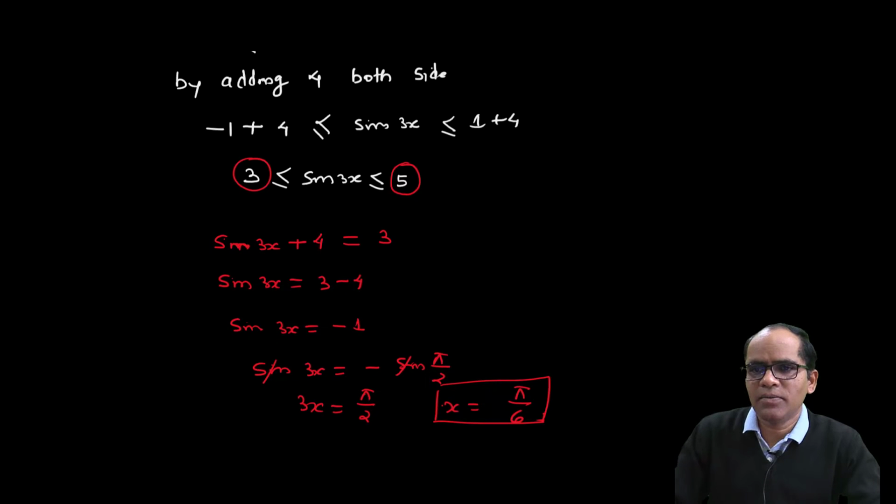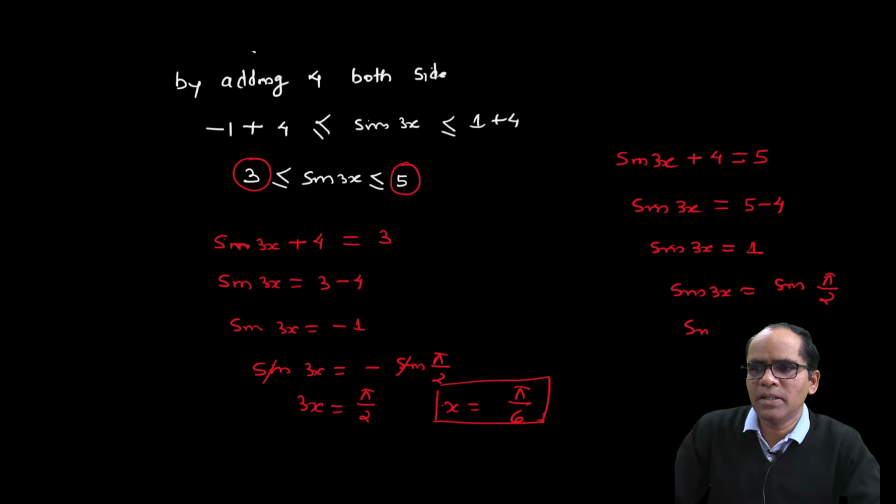And for 5 we will check sine 3x plus 4 is equal to 5. So in this case sine 3x is equal to 5 minus 4. So sine 3x is equal to 1. Okay. So sine 3x is equal to sine pi by 2.